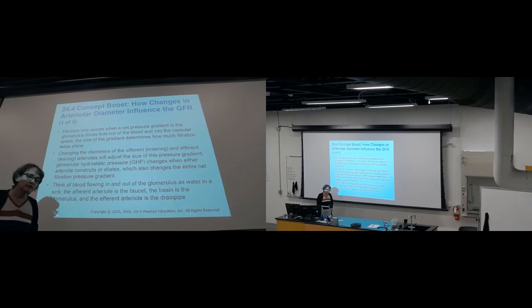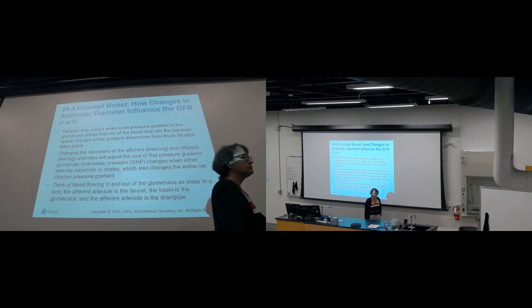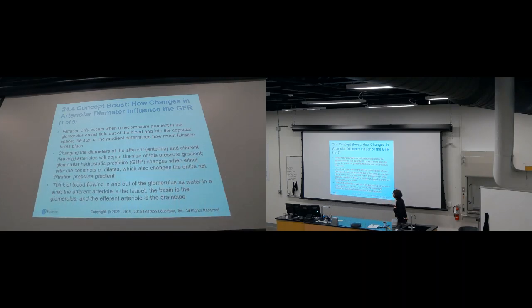Now, something that also influences the GFR is the diameter of the arterioles. Of course, we know that this diameter is influenced by blood volume, but other things can change this diameter, including the output of the sympathetic system.